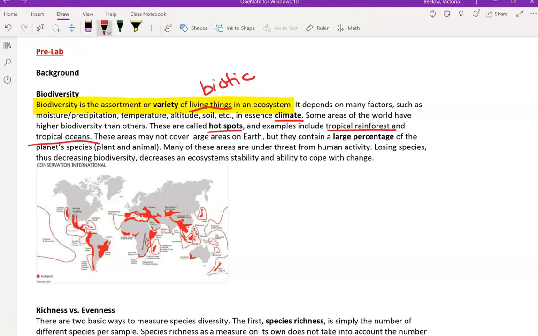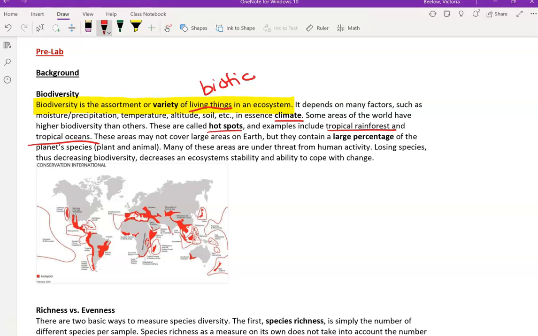Think of your rainforests that get a lot of precipitation and are very hot and humid, and your tropical oceans, those very beautiful, colorful coral reefs. These areas typically are going to be closer to the equator.